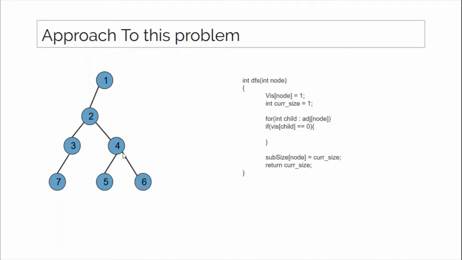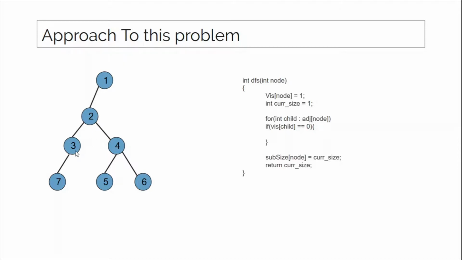So the subtree size of a current node can be calculated from the subtree size of its children. Suppose we have to calculate the subtree size of node 2. If you already know the subtree size of 3 and 4, you can easily calculate for 2. All you have to do is add the subtree size of 3 and 4 into your subtree size, along with plus 1, because you have to add this node as well.